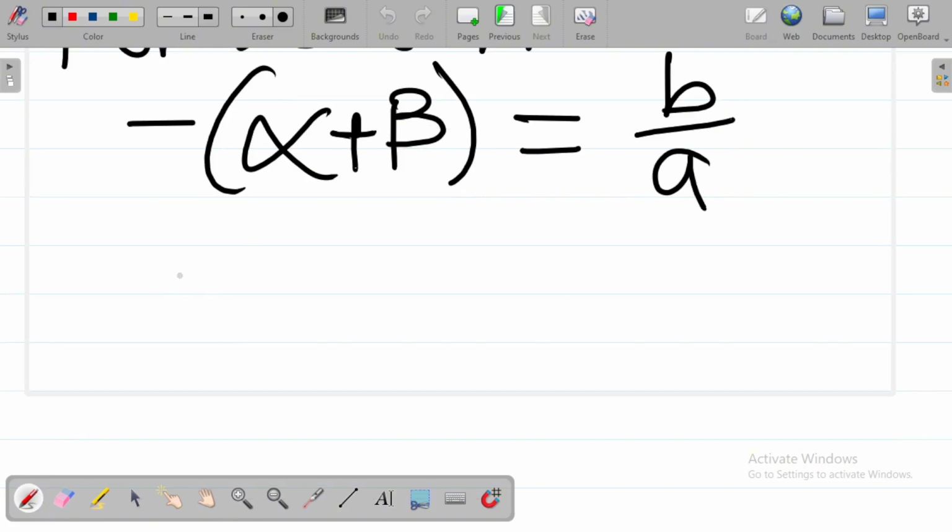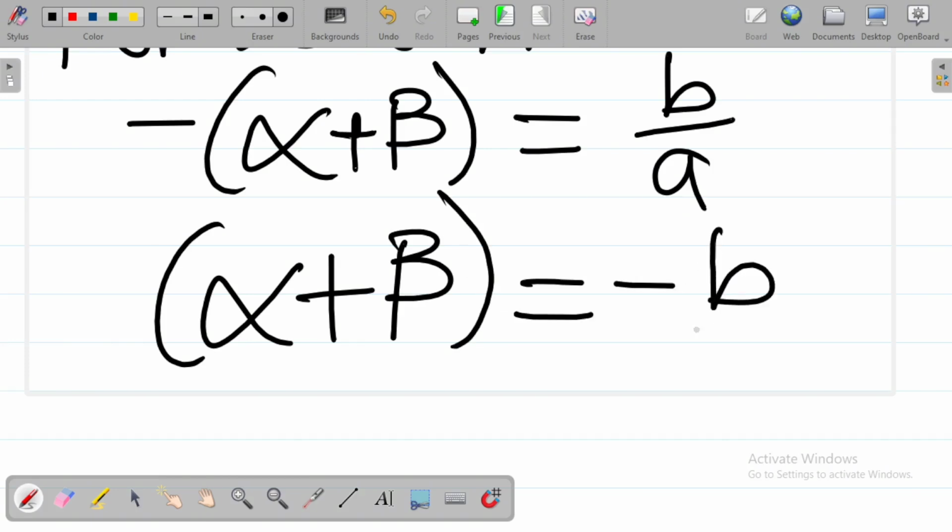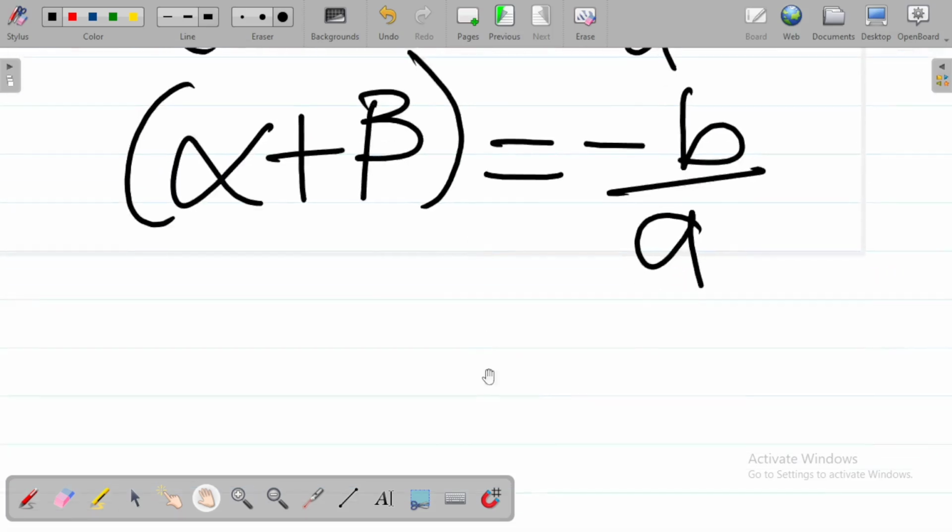So therefore, alpha plus beta becomes minus b all over a. So here is the sum of the roots of a quadratic equation, which is minus b all over a.